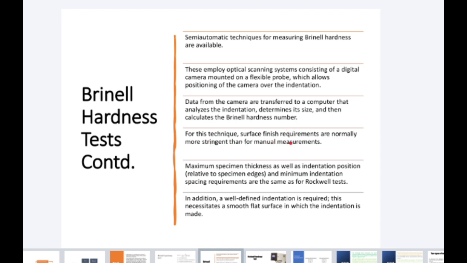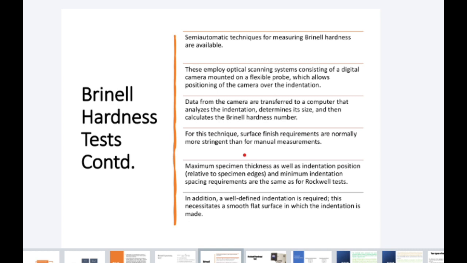So for this technique, surface finish requirements are normally more stringent than the manual measurement. So for the automatic measurement, what we do, we polish or finish the surface, right? So surface finish is a requirement. What does it mean? We have to polish it. As I showed you in the microscope, you saw the micro scratches.